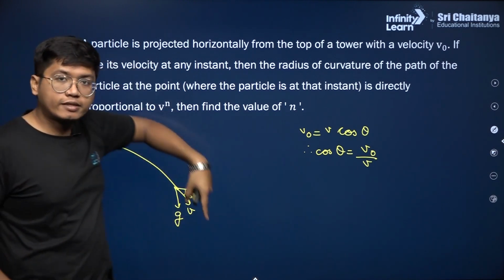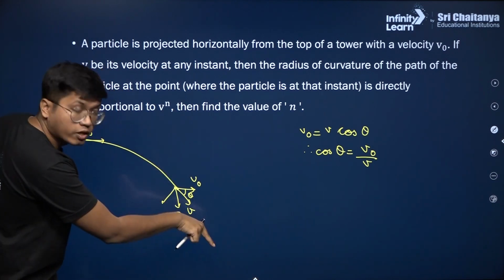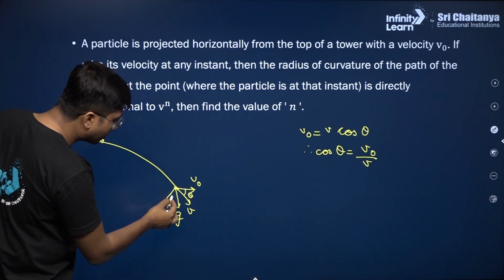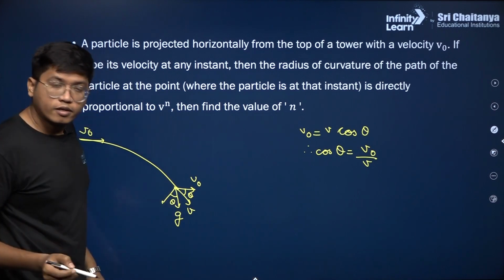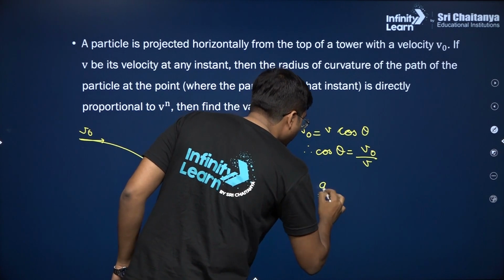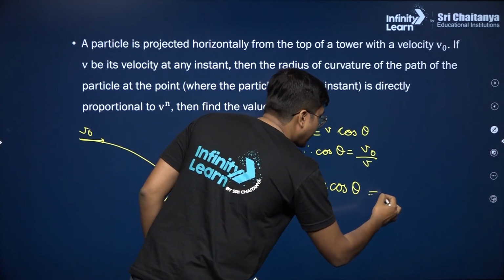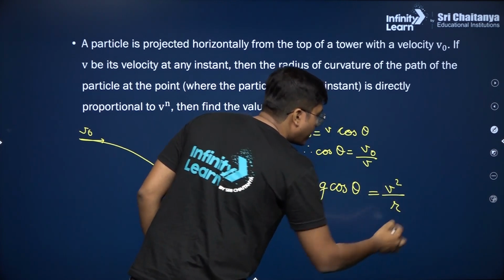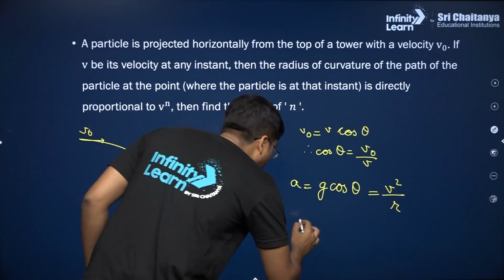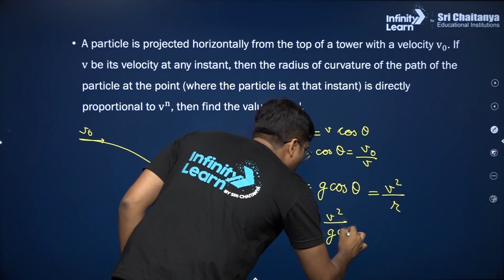But we don't want acceleration in that direction. We want the acceleration in the direction that is perpendicular to the velocity at that point. So if this angle is theta, this is 90 minus theta, this again is going to be theta, right? So the acceleration we are dealing with is going to be g cos theta, right? And that has to be equal to v square divided by r, where r is the radius which we need over here. So from here on out, we can get r is equal to v square divided by g cos theta.